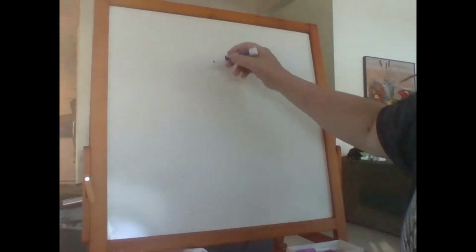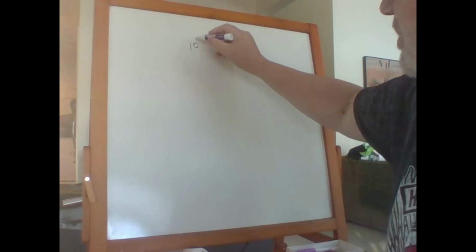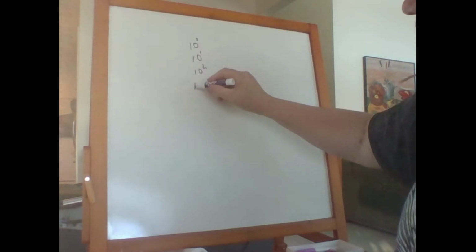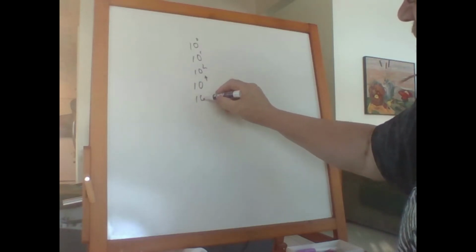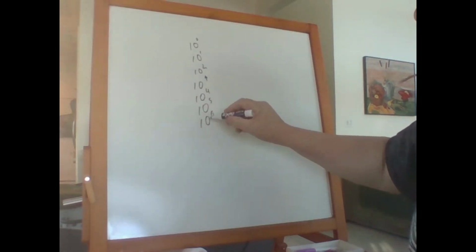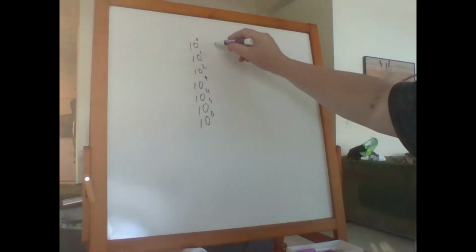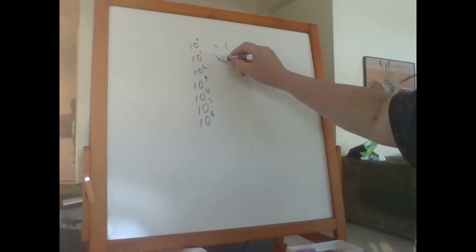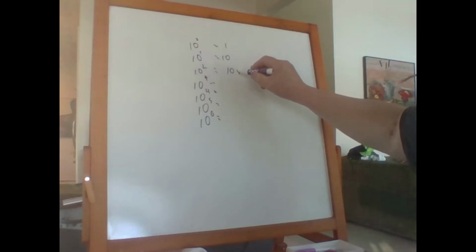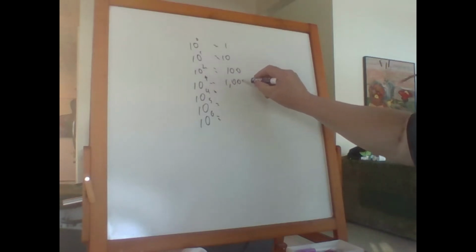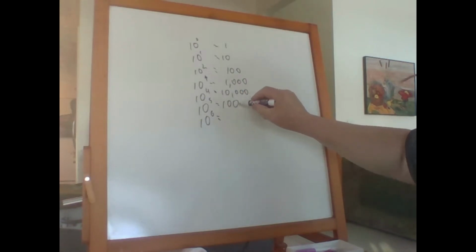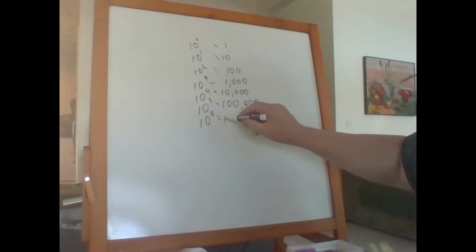Now 10 has the advantage of 10 to the 0, 10 to the 1, 10 squared, and so on. Base 10 is very practical. That's why the metric system works so well. And that's 1, 10, 100, 1,000, 10,000, 100,000, and 1,000,000.